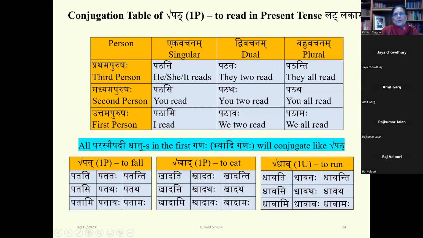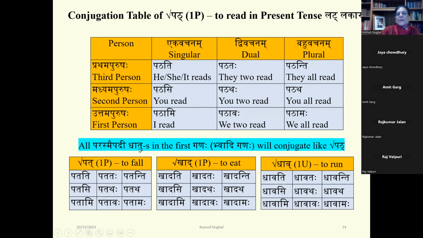So you all know by now that pathati means he, she, or it reads. They two read, pathatah, dual. Pathanti, they all read. Pathasi, you read. Pathathah, you two read. Pathatha, you all read. I read, we two read, and we all read.